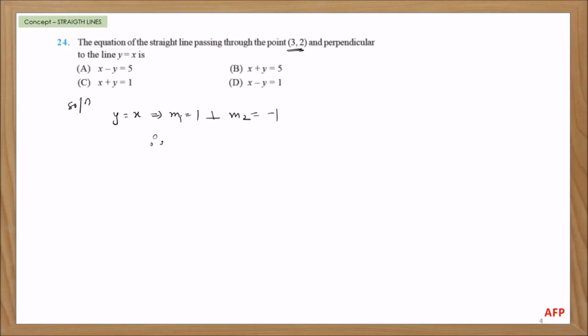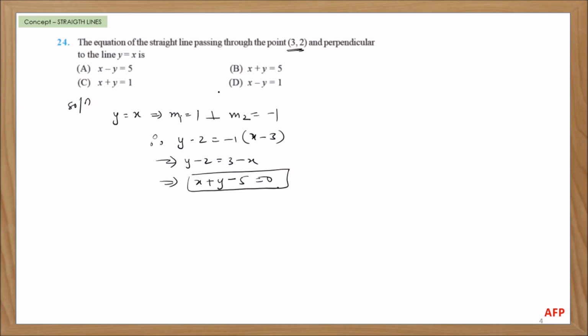Therefore y minus 2 is equals to minus 1 times x minus 3. So this implies y minus 2 is equals to 3 minus x. You bring it to the other side, x plus y minus 5 is equals to 0. It is the equation of a straight line, and the 5 you can send it to the other side.